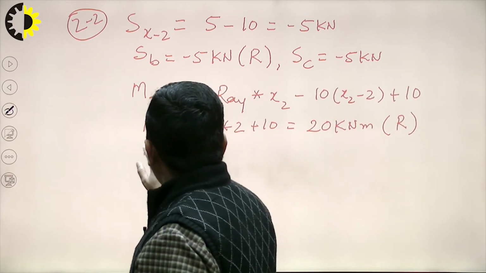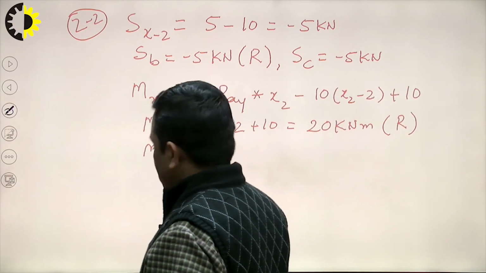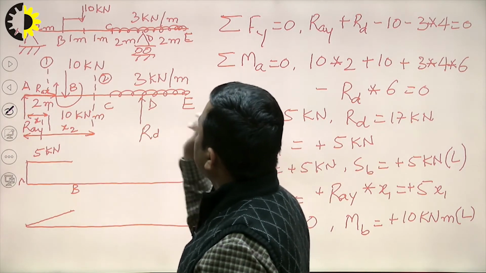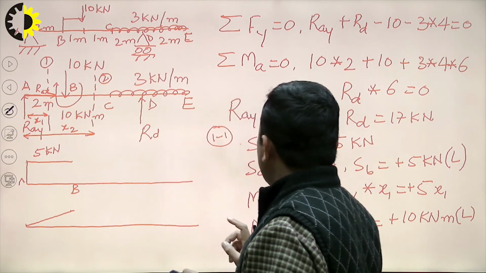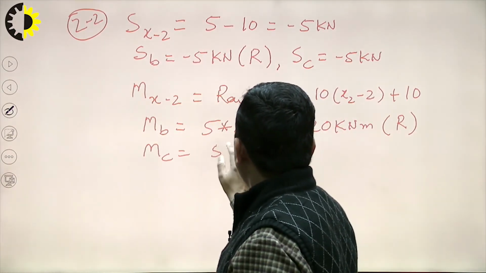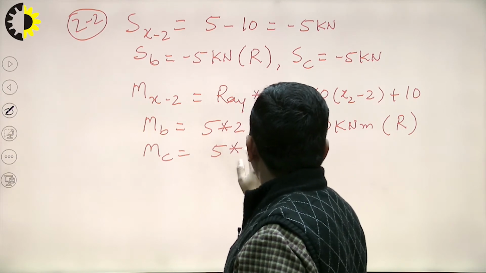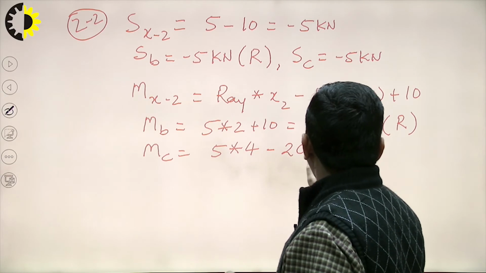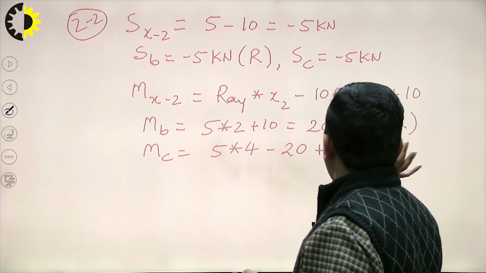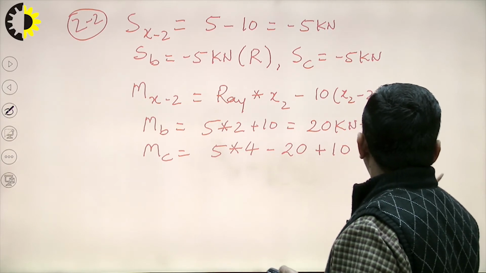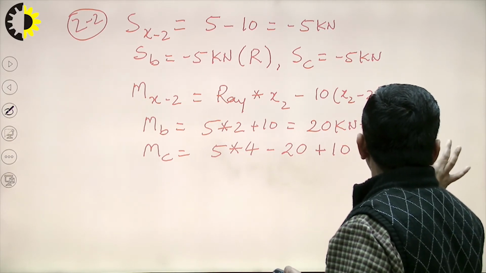For point C, the value of x2 is 4. Putting the value here, 5 into 4 minus 10 into 2, so 20 minus 10. It comes out to plus 10 kilonewton meter.